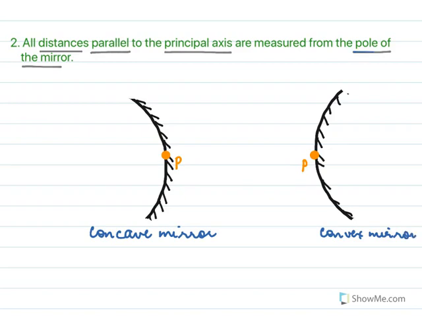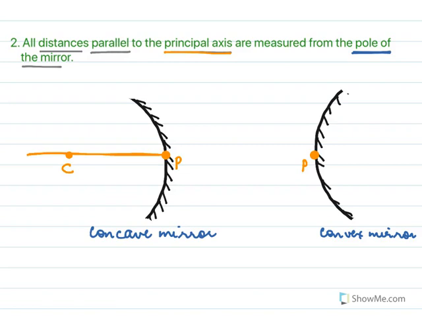Now we have done the pole of the mirror. Now let us see what is the meaning of principal axis. For the principal axis, first we have to mark the center of curvature. So this is the center of curvature, and the line that passes through the center of curvature and the pole is called the principal axis.